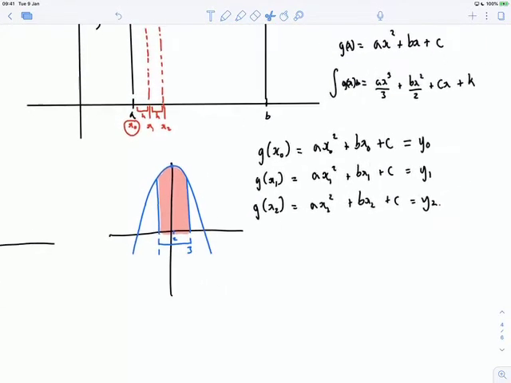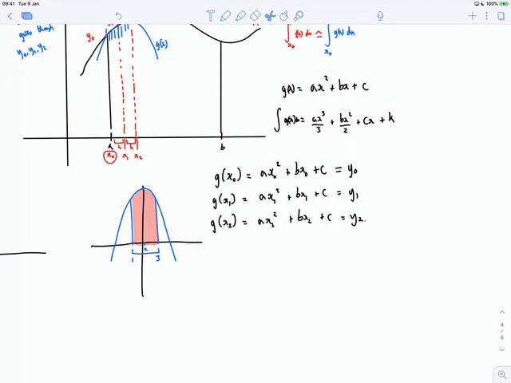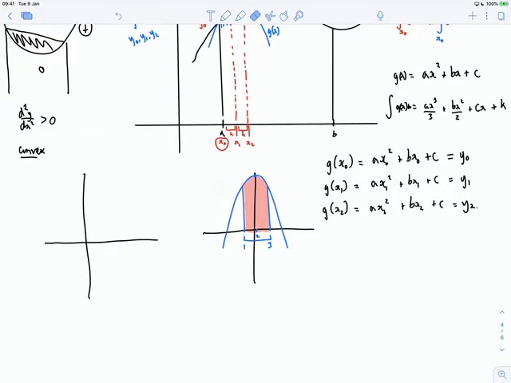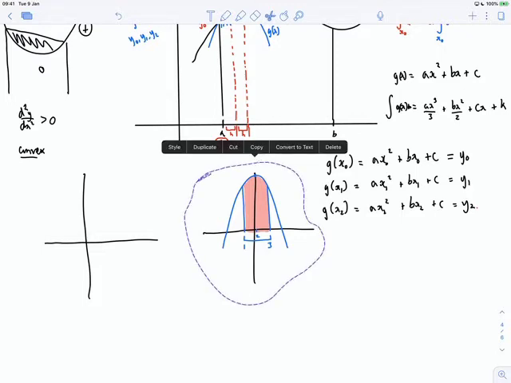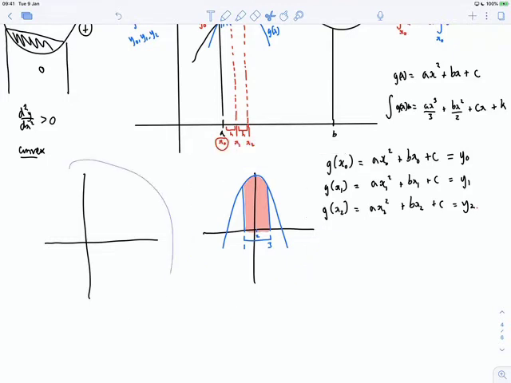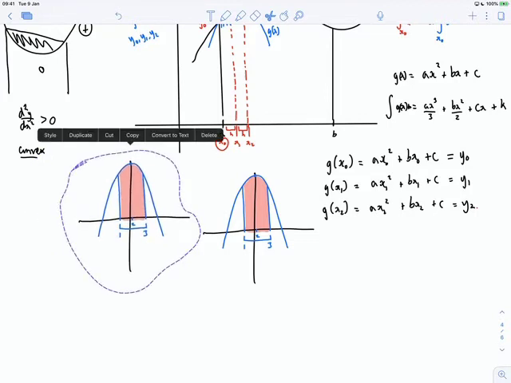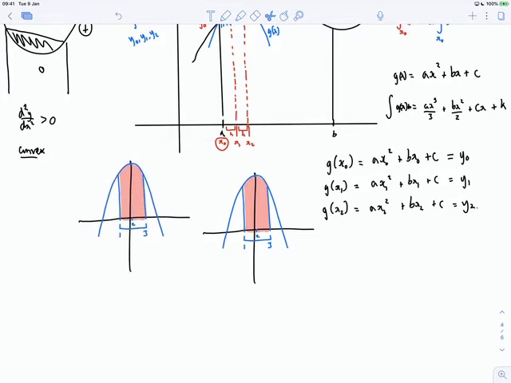The reason we do that is that it makes all of this a lot easier to solve. So we're going to translate this. What we have to consider is this just gets translated.